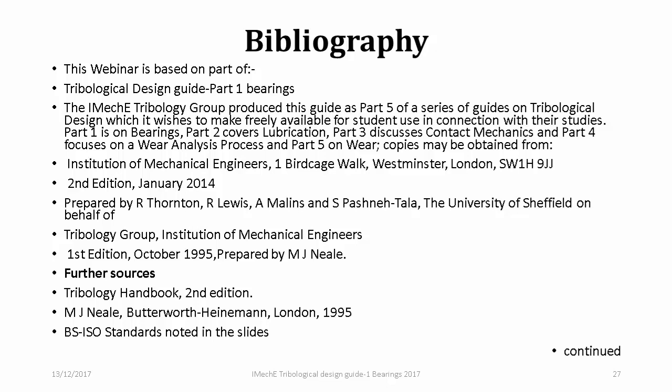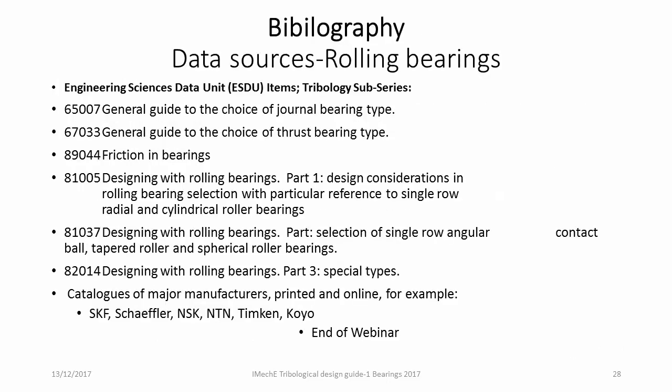Some further sources can be found in the Tribology Handbook by the late Michael Neale. Then I've listed some data sources from the Engineering Sciences Data Unit, ESDU for short, and also referred to the catalogues of some of the major manufacturers of rolling bearings, who will always be prepared to help you with a bearing application. And that's the end of the webinar.